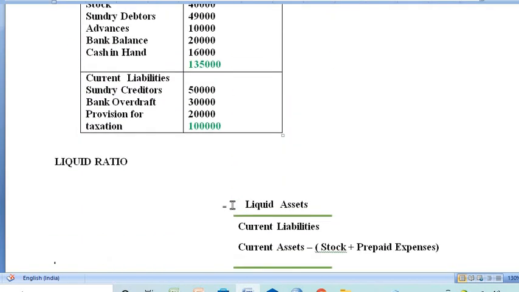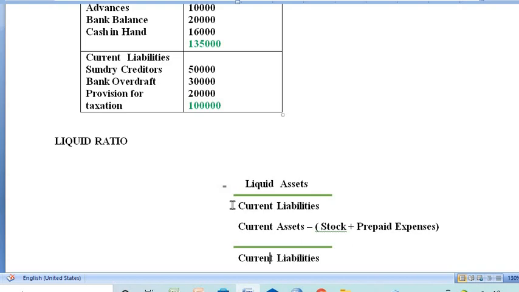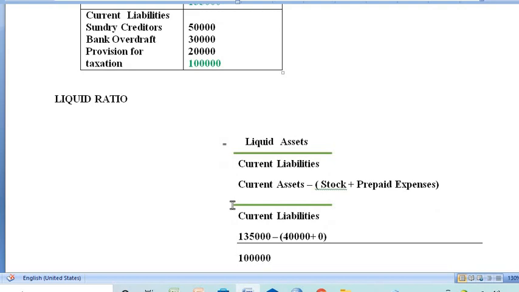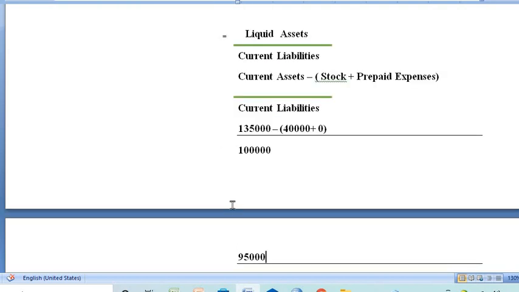The next one we'll see is the liquid ratio. The formula for computing the liquid ratio is liquid asset divided by liquid liability, that is current liability. How to calculate the liquid asset? Current asset minus stock plus prepaid expenses, divided by current liability. In this problem they have given the current asset; already we have computed 1,35,000 as the current asset.